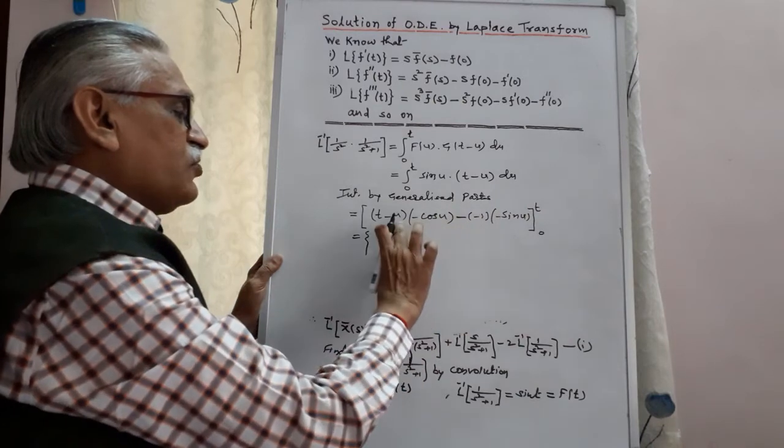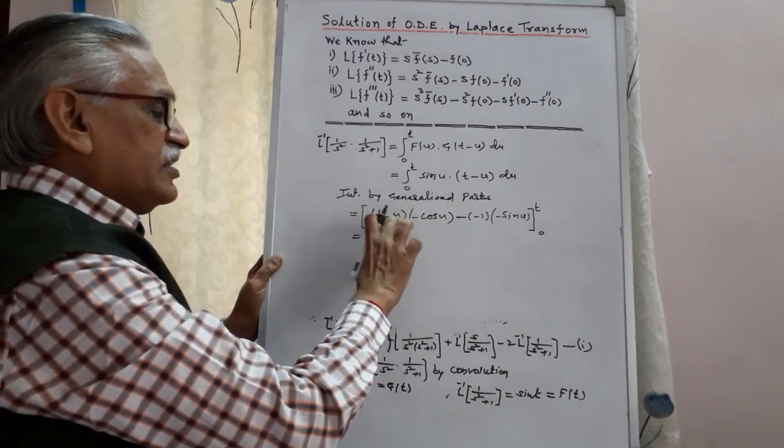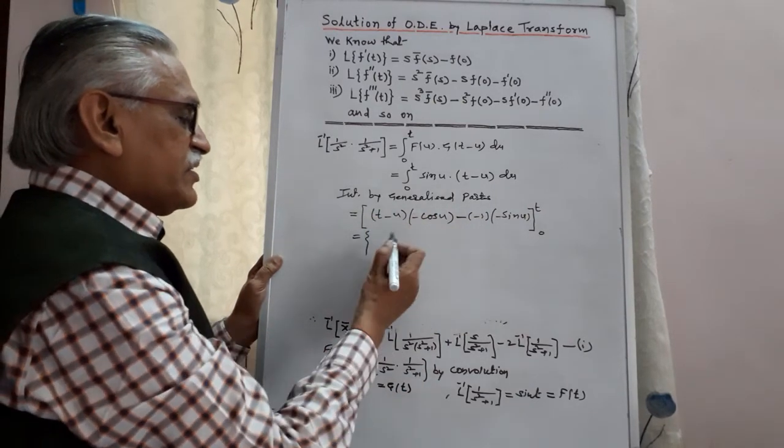Substitute the upper limit for u as t here. T minus t we get 0, therefore this term becomes 0.